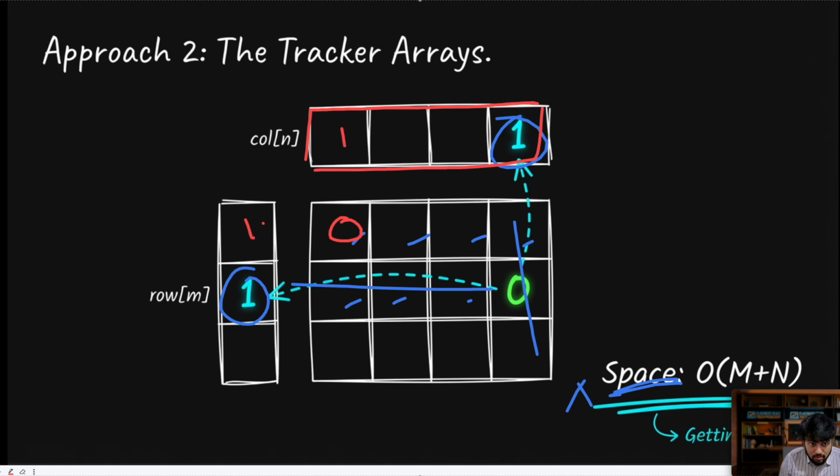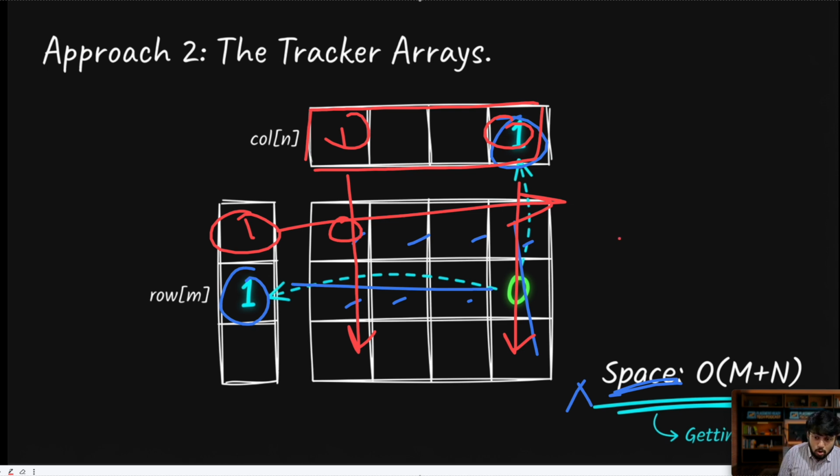Wherever we see 1 over here, we are going to mark that complete column as 0. And same for the row: if we see this as 1, we are going to mark the complete row as 0. So this approach is a better one than the brute force approach that we just saw.